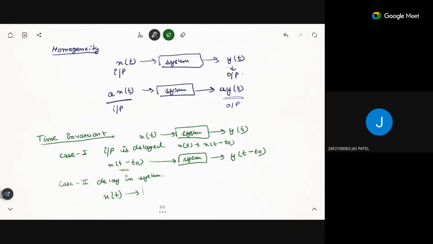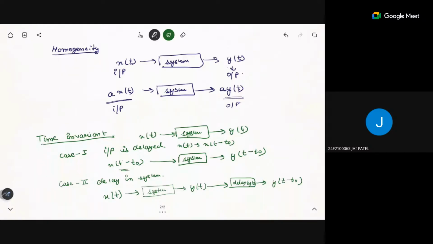It is passed through that system, and after it's passed to the system, it becomes yt. And now we are adding this delay. So you can say a delay by t naught. And now I'm getting this output as y of t minus t naught.